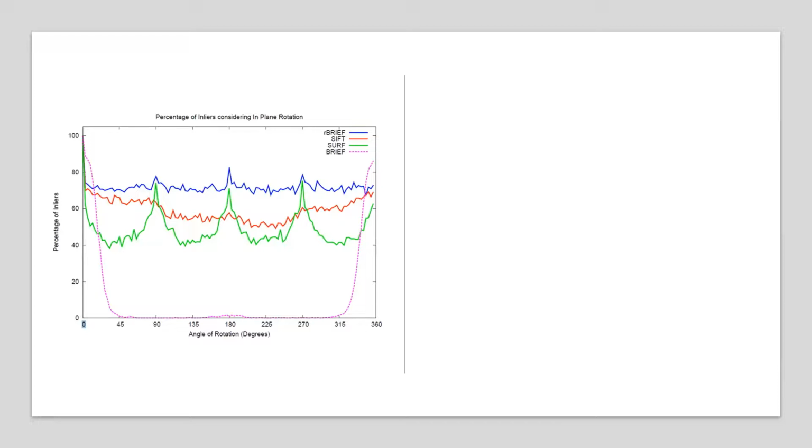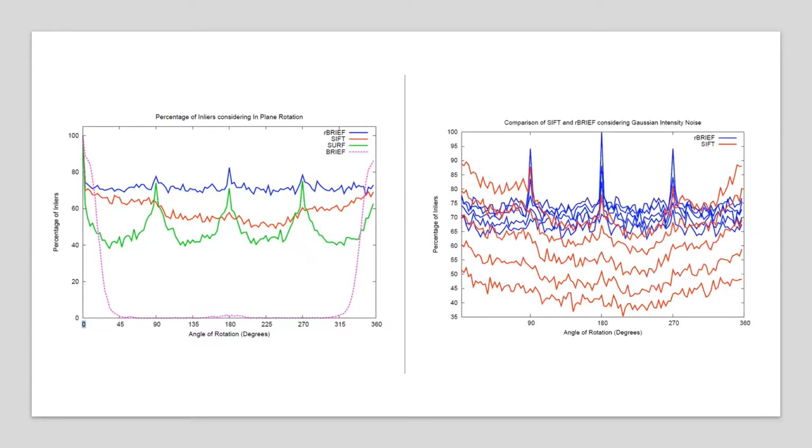Next come SIFT, then SURF, and then BRIEF. BRIEF stands last, as there is no orientation component integrated in that algorithm, which is why BRIEF is unable to find many features when the angle lies between 45 and 315 degrees.